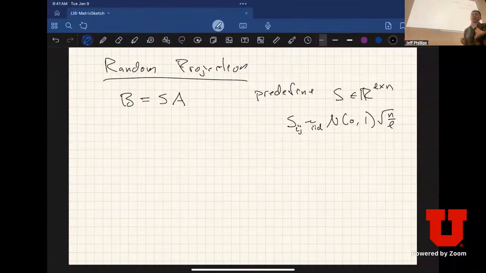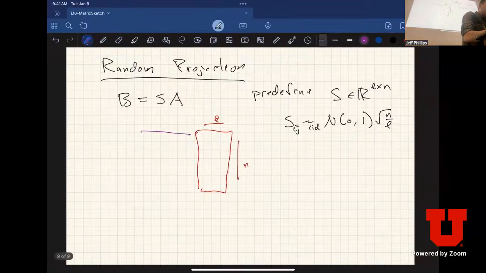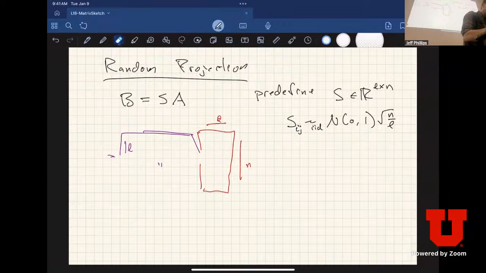Except now I'm not going from high dimensions to low dimensions. Remember, A here is going to be N by D. The matrix S needs to be N by L, and I'm going to get a matrix B at the end which is going to be, let me make this one a little bit skinnier.